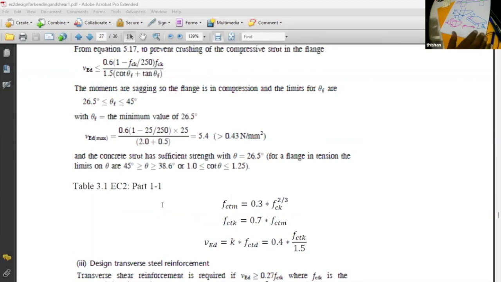So what actually happens is, in most of the cases, because we are in situ casting, we are providing slab bottom reinforcement across this interface. We are providing slab top reinforcement across the beam. So we have this common interface between the flange and the web.